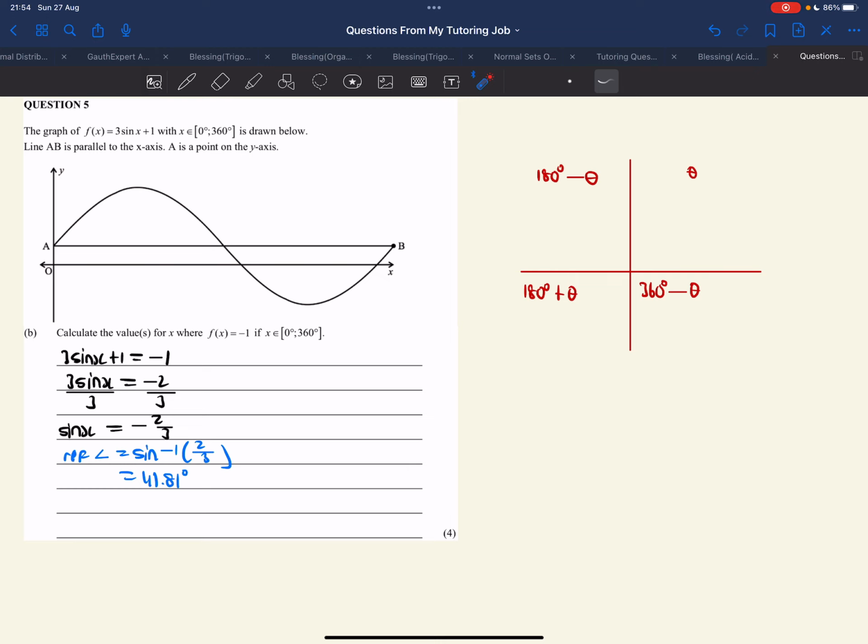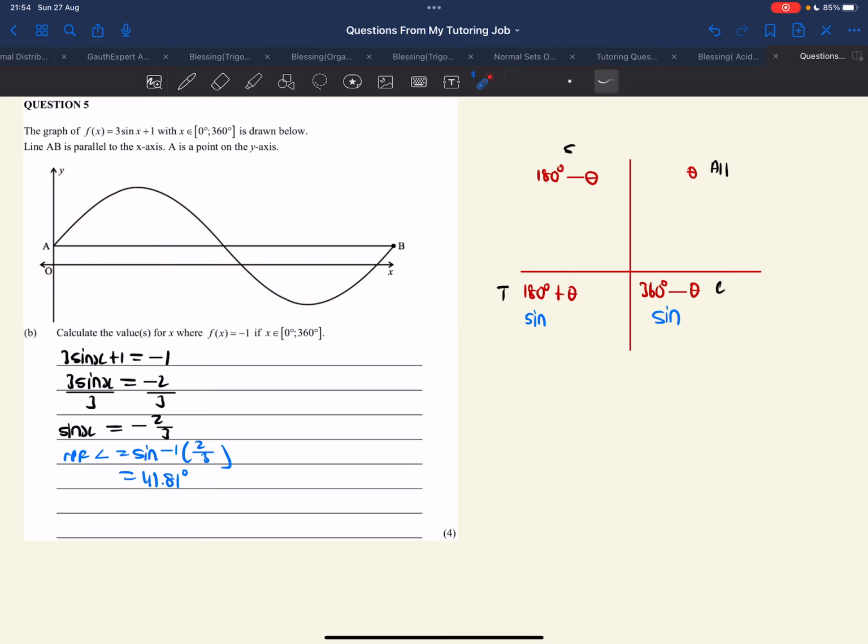Now the two quadrants in which sine theta is going to be negative is going to be this one and that one, because sine theta is going to be positive here and positive there.